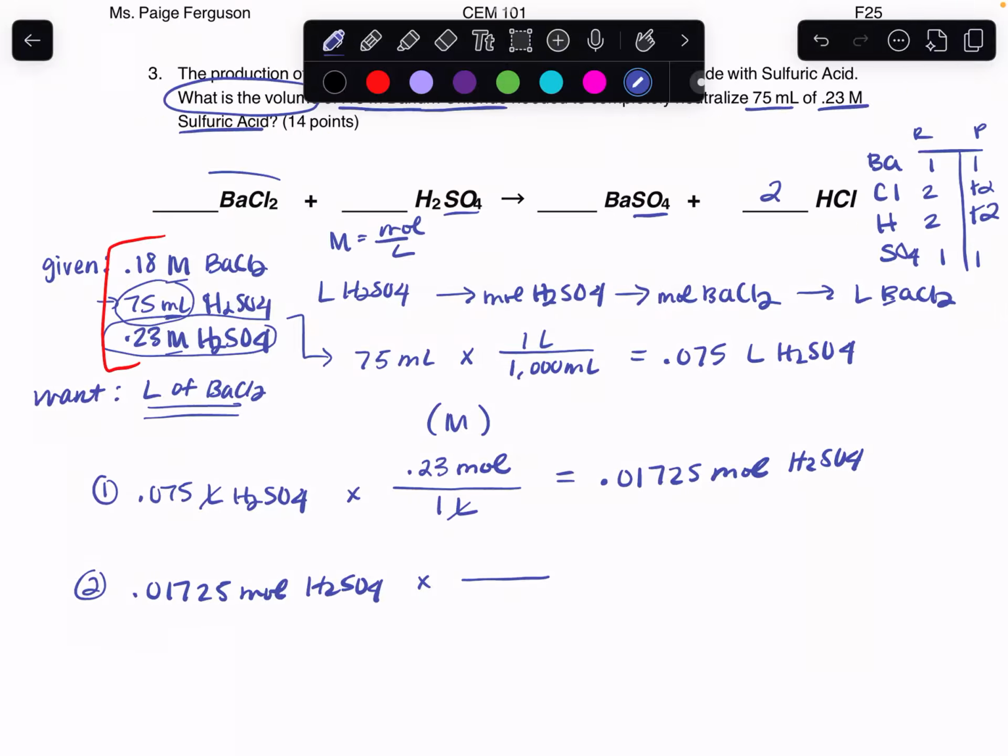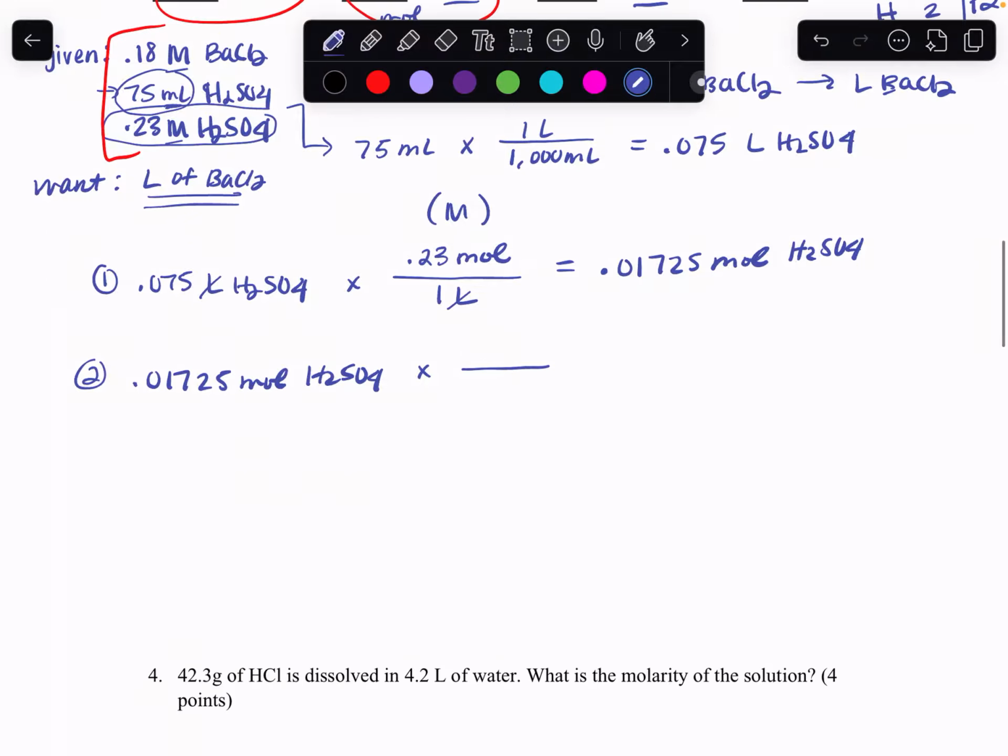I'm looking at barium chloride and H2SO4, and I literally have a 1-to-1 ratio. So I'm going to bring that down here: 1 mole barium chloride to 1 mole H2SO4. And I will again get the same exact number of moles of barium chloride. Cool.